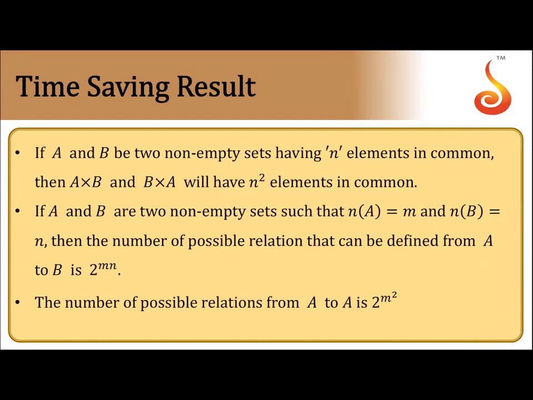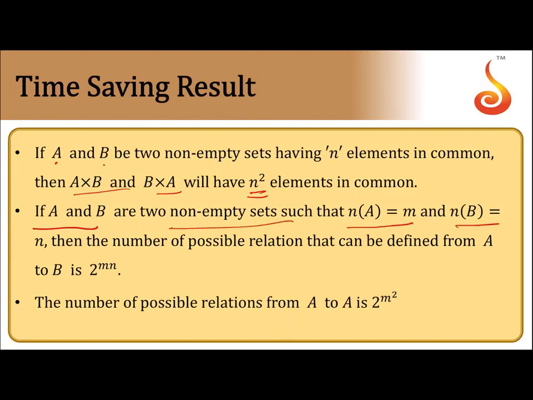Next, there are certain important results which we need to memorize. One is about A cross B and B cross A. If A and B are two non-empty sets having n elements in common, then A cross B and B cross A will have n square elements.